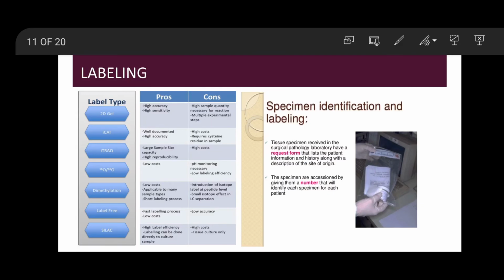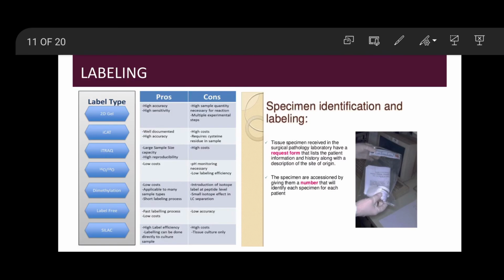Any problems within the technique or within the process, then for sure the result is also messed up. So you have to make sure that the labels from requisition to fixation down to staining and then mounting and then your labeling part are all the same.